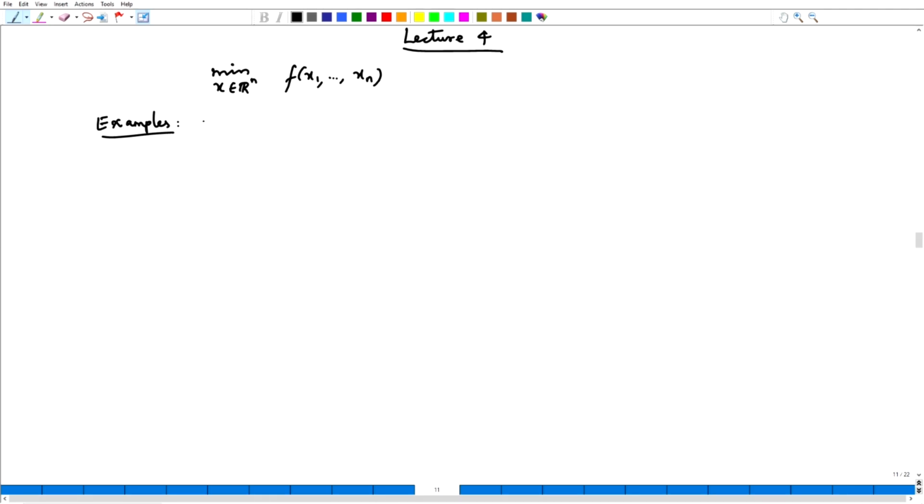Let us say n is equal to 2 and f of x1, x2 is equal to x1 squared plus x2 squared. Okay. The simplest example that one can have.